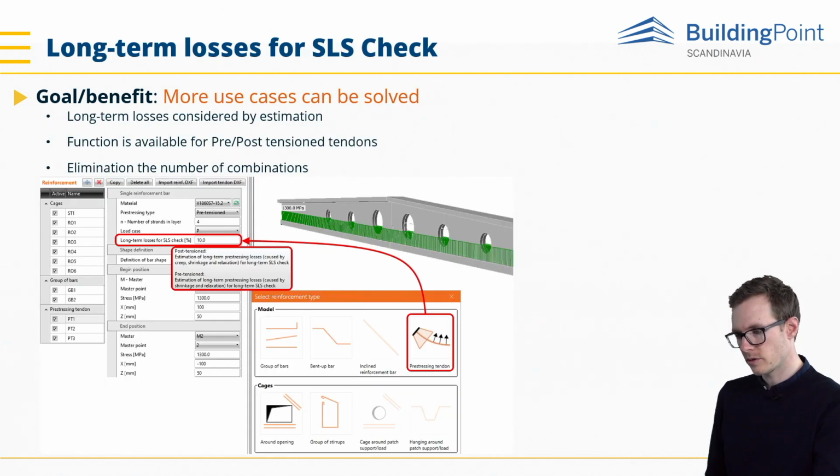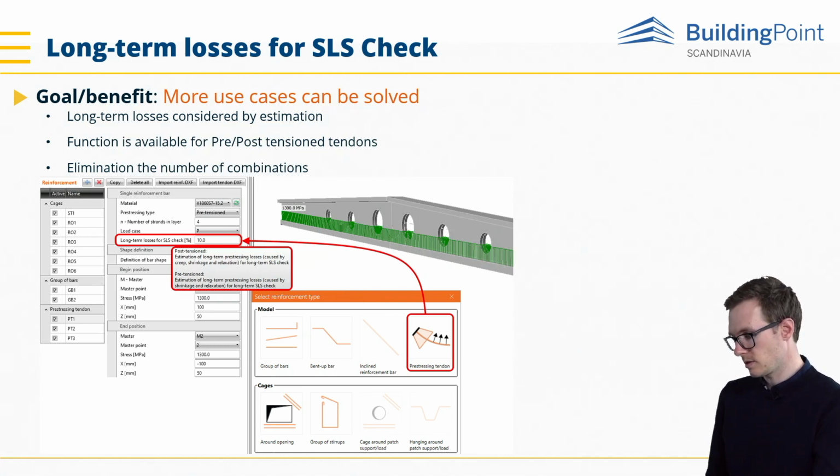Long-term losses for SLS check. Pre-stressed beams and walls and others should be checked at the beginning and the end of the design work life due to changing stress in the tendons and the time-dependent material properties of concrete.